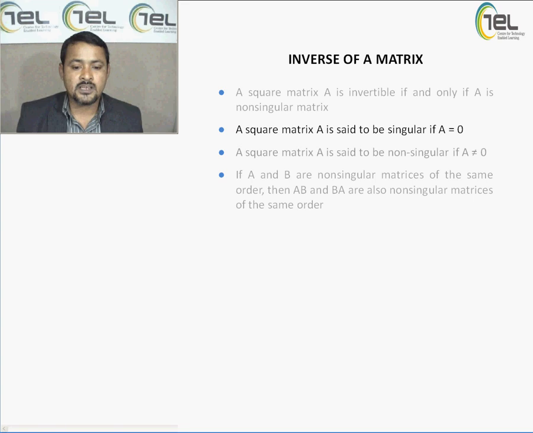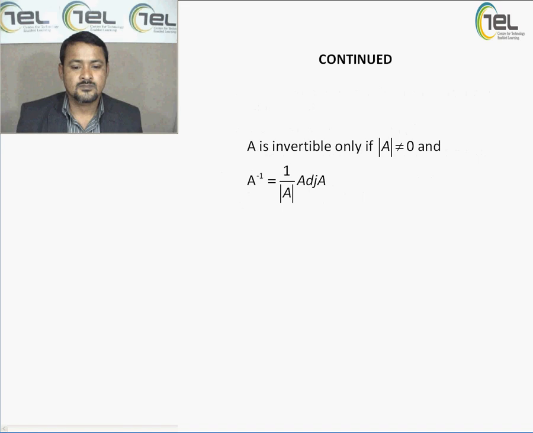A square matrix is said to be non-singular if determinant A is not equal to 0.